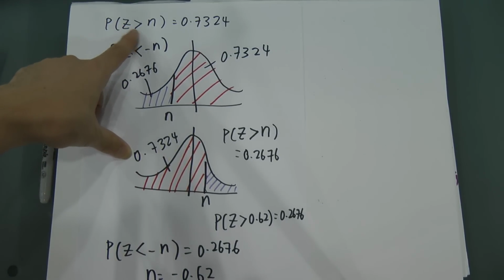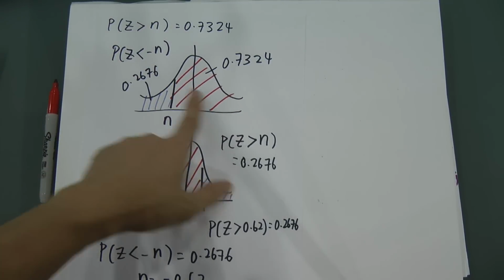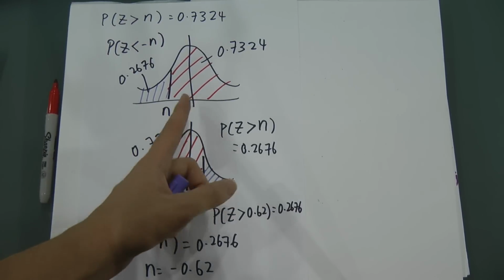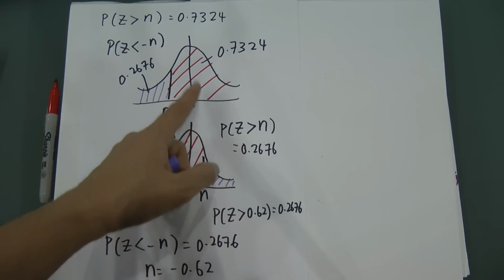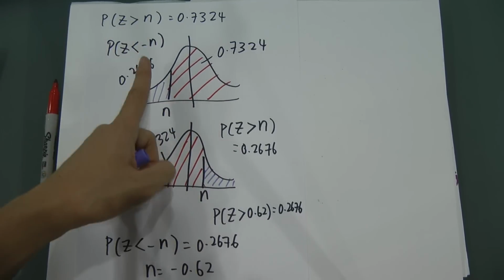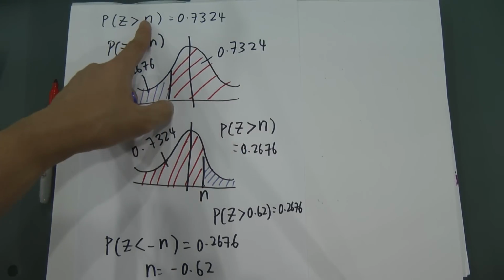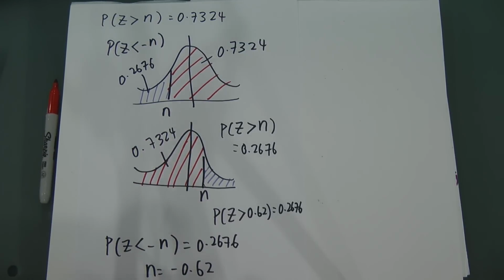Z is bigger than some negative value here, all the way until here, therefore we got 0.7 something. If your n is not negative, somewhere after the 0, then you impossibly will get more than 0.5, because here is 0.5, the positive side. So when the value is bigger than 0.5, you know the n has actually gone to negative.